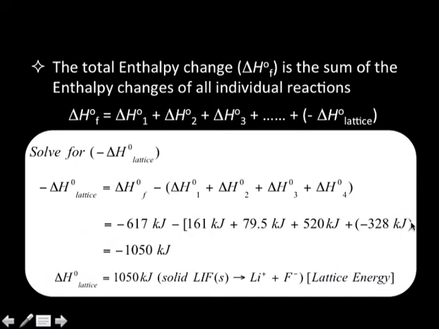Put the numbers in, simplify, and what do I get? I get the lattice energy for formation of lithium fluoride from lithium and fluorine, which happens to be 1050 kilojoules. That is the application of our Born-Haber cycle.